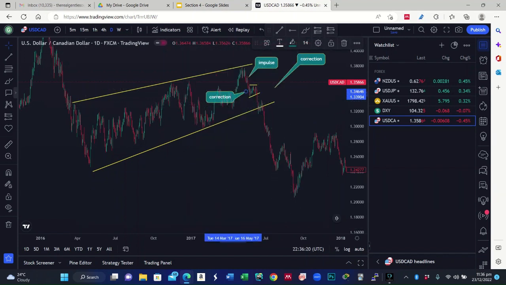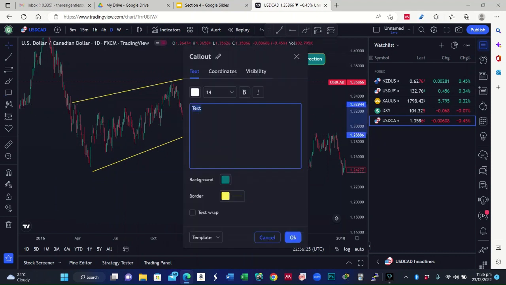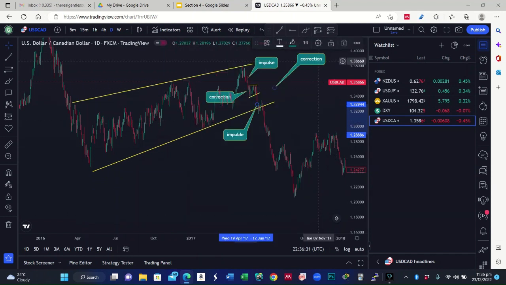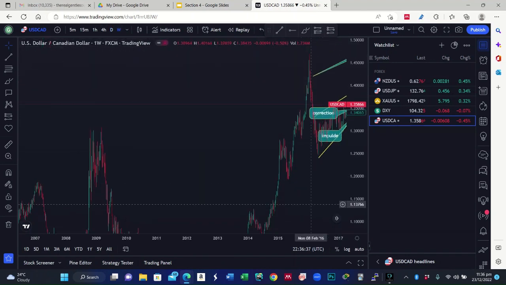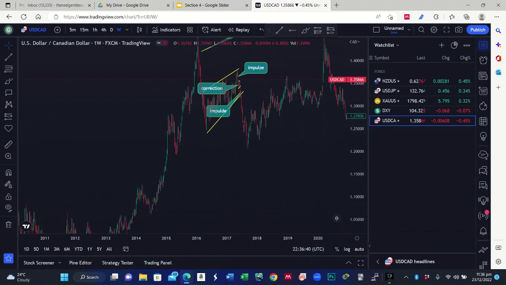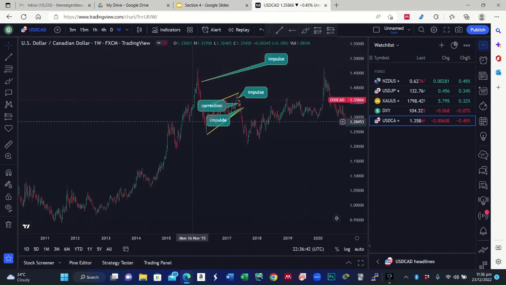Then this is another impulse. I hope you are getting it now. You can see from the outer structure I showed you earlier, this is an impulse, then there's a correction, then there's an impulse.